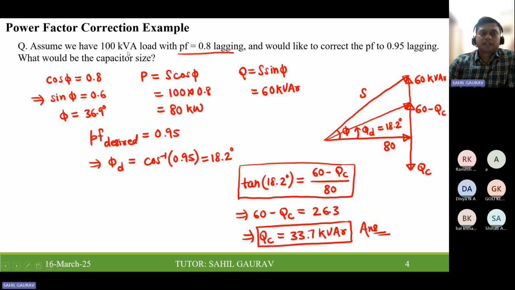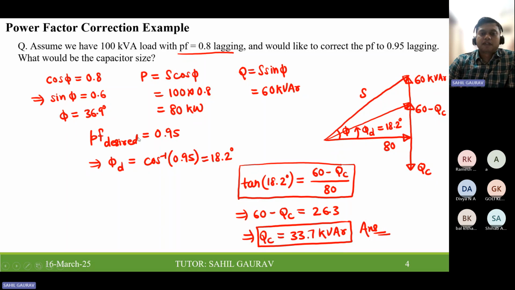Since apparent power and power factor are given, you can find the active power and reactive power. Active power is S cos phi and reactive power is S sin phi. Cos phi is 0.8, therefore sin phi is 0.6, therefore phi is 36.9 degrees. Therefore the active power is 80 kilowatt and reactive power is 60 kVAr.